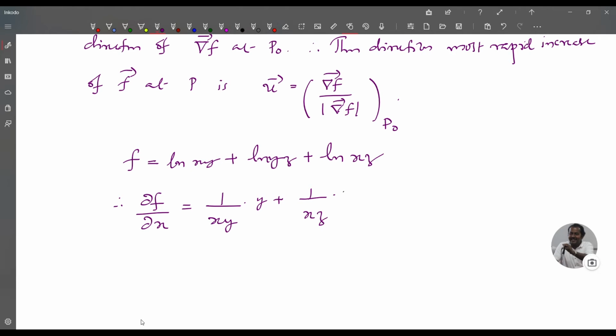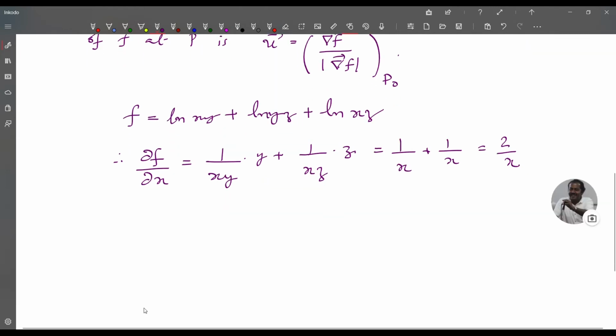So this is 1 by x plus 1 by x, so that is 2 by x. Dou f by dou y equal to 1 by xy into x plus 1 by yz into z.